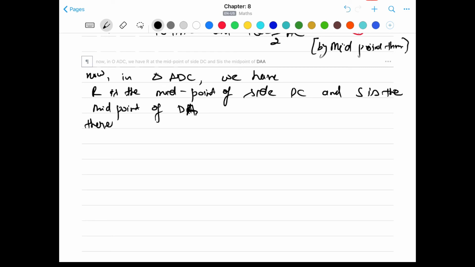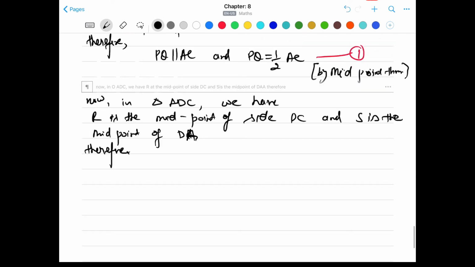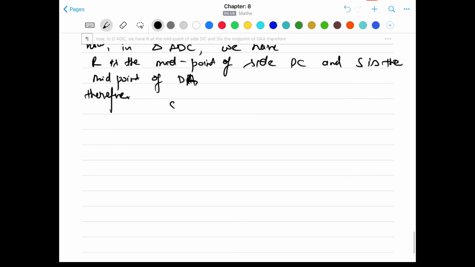Therefore SR will be parallel and half of AC. Therefore SR is parallel to AC and SR is equal to half of AC. Let's name it equation number 2, and that's again by the midpoint theorem.